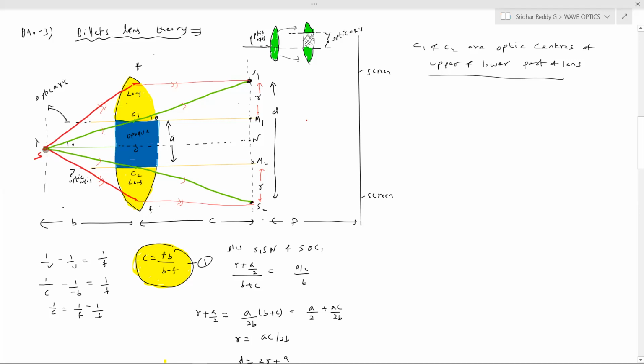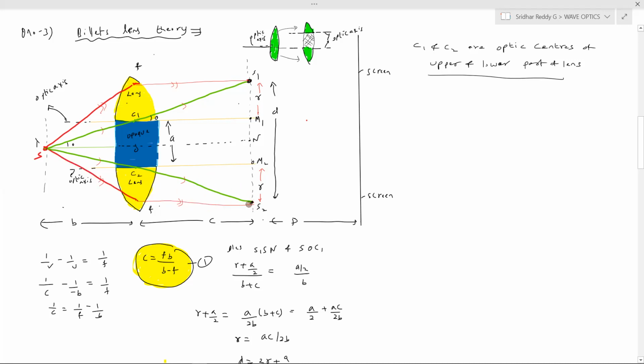Similarly, a ray passing through optic center C2 goes undeviated and meets a point on a vertical line at S2, and another ray meets it there. These two refracted rays form image S2.